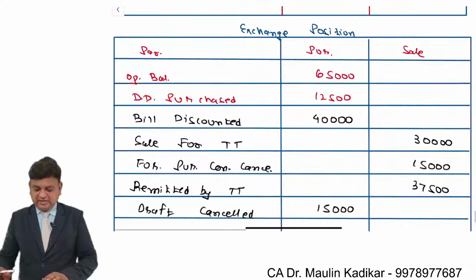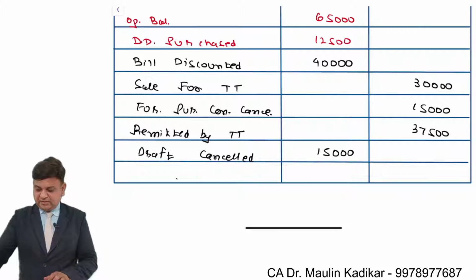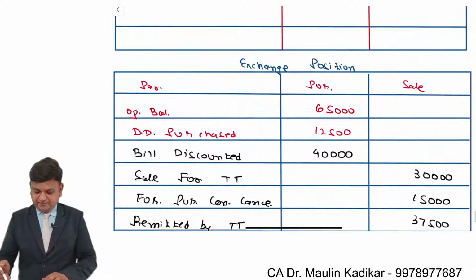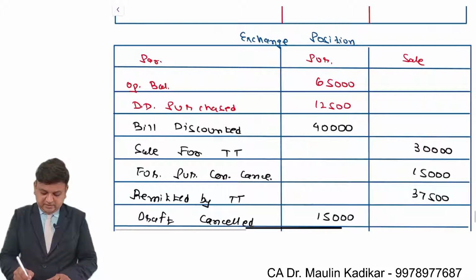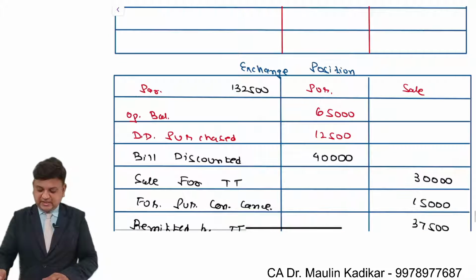Now friends, over here you can see that in exchange position, 65,000 plus 12,500 plus 40,000 plus 15,000. So it is 132,500. 30,000 plus 15,000 plus 37,500, that is 82,500.